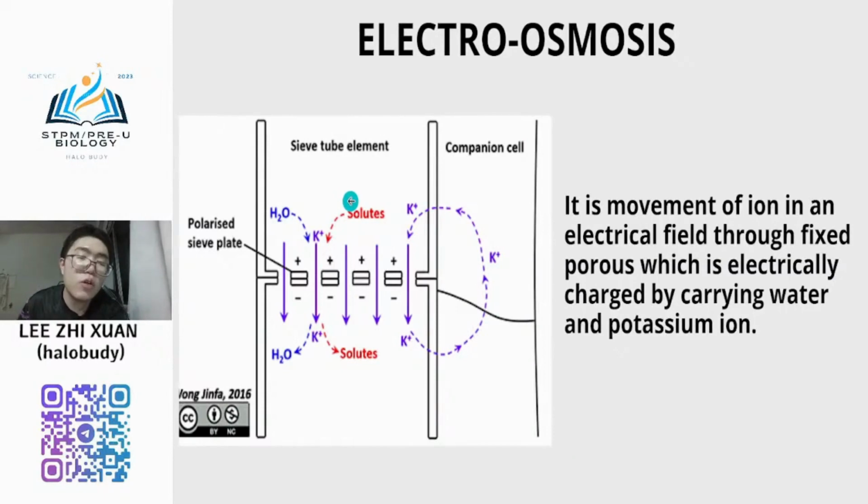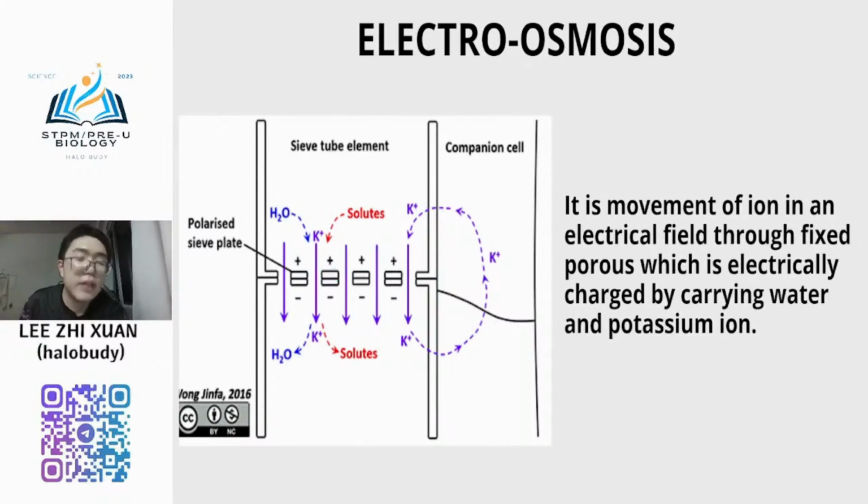I already mentioned your sieve plate is negatively charged because the protein is negatively charged, so it will repel any anion molecule.